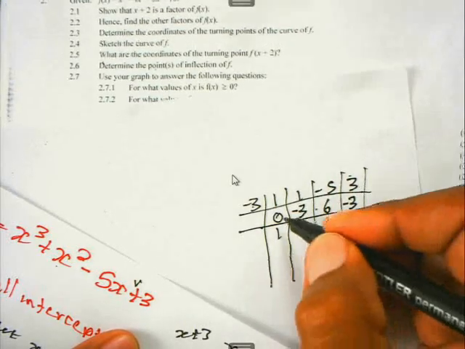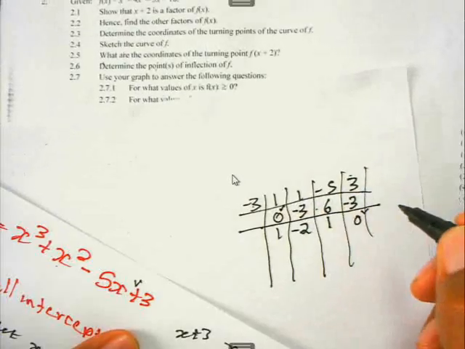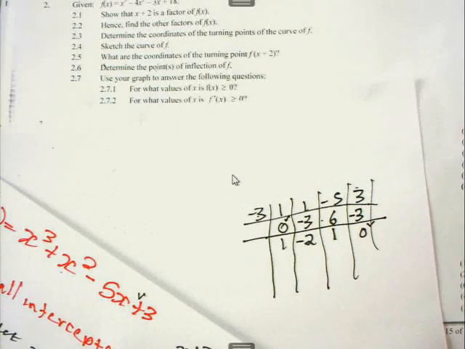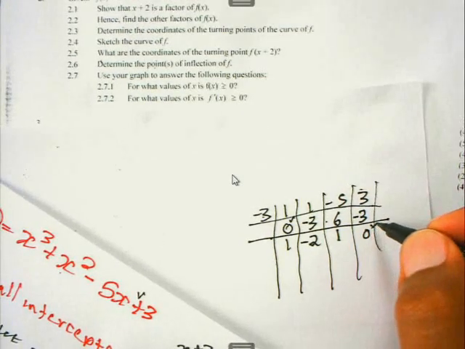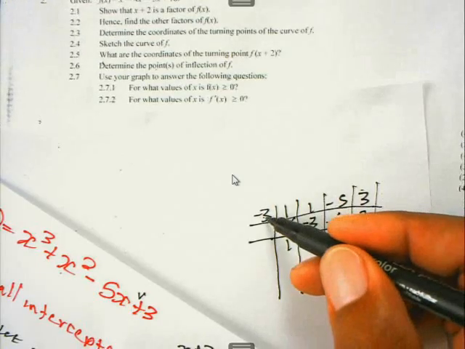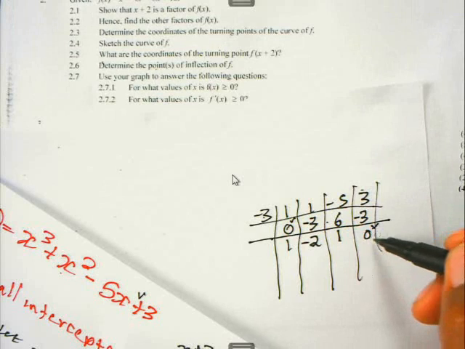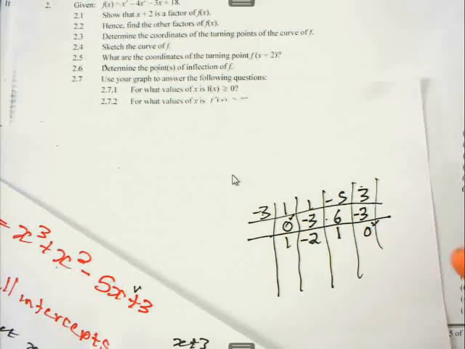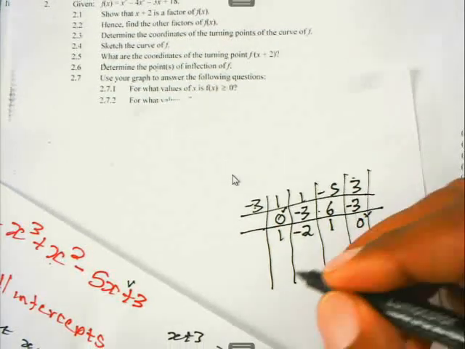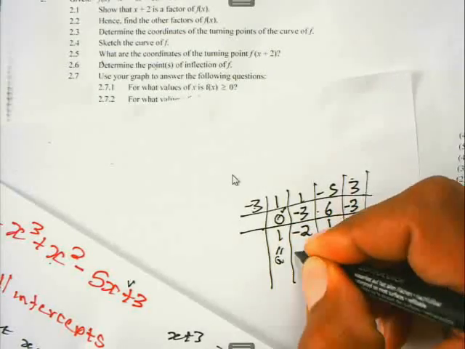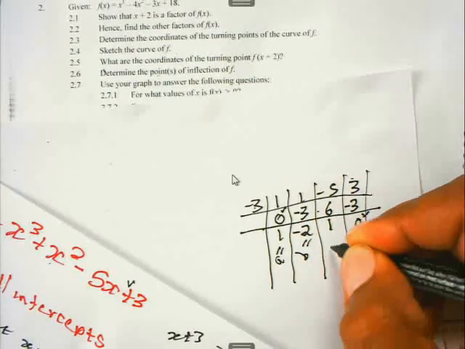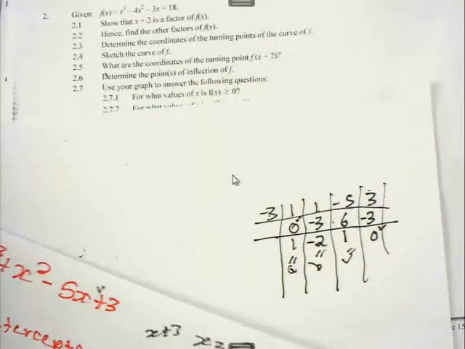Right. Boys and girls, if you have a 0 here and 0 there, then you know that you have it correct, especially the last one here. Of course, this one is just to indicate that minus 3 is a factor. If you don't get 0 here, then you must know that something is not correct. Now I can say, okay, A is equal to 1, B is equal to minus 2, and C is equal to a positive 1.